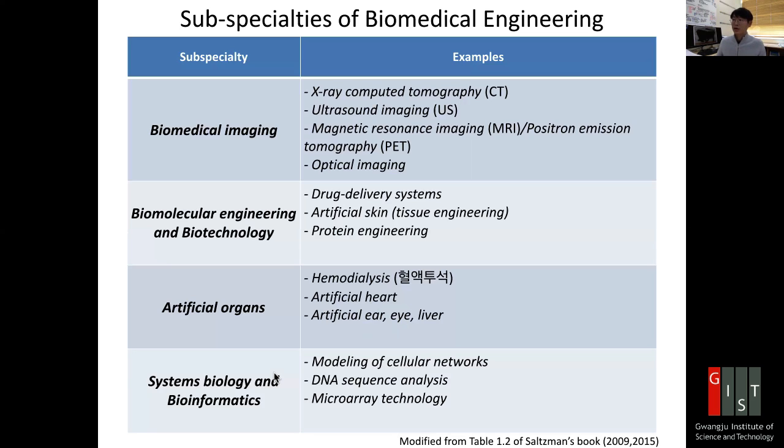And lastly, I want to explain the systems biology and bioinformatics subspecialty. As our understanding of basic biology gets more sophisticated, we are now seeing not only individual cells, but the network of cells.